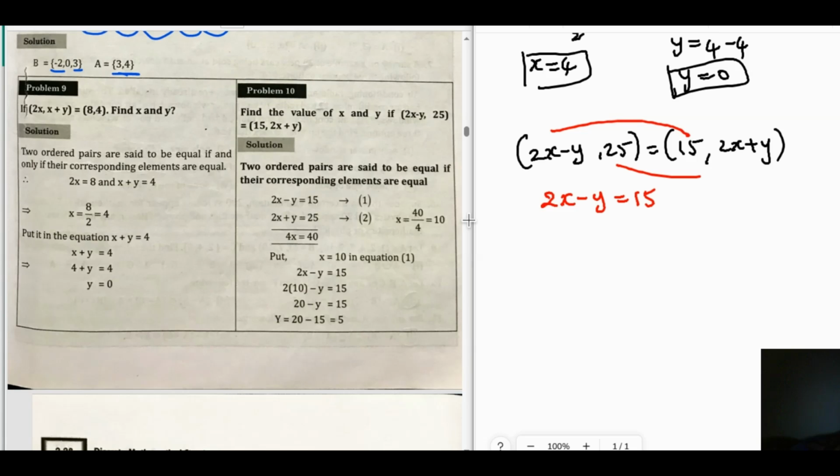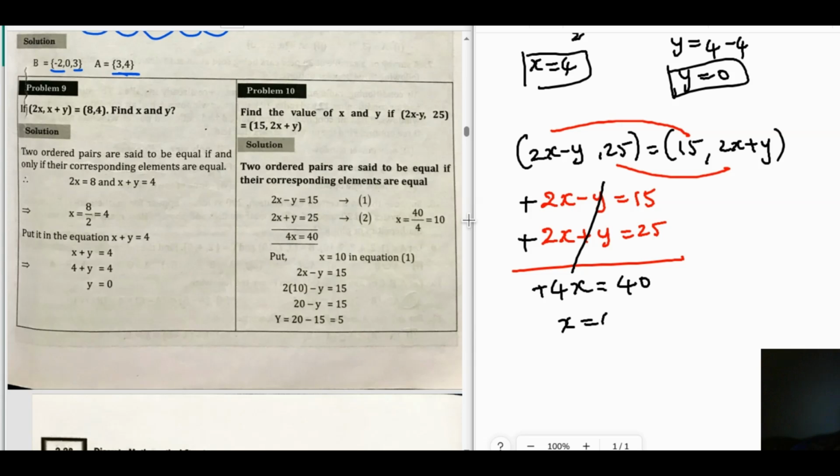Then second one, I will write 2x plus y is equal to 25. Then using the simultaneous linear equation, the like terms will get cancelled. Then plus 2 will give you plus 4x is equal to 25 plus 15 will be 40. Then x will be 40 divided by 4, so x value will be 10.